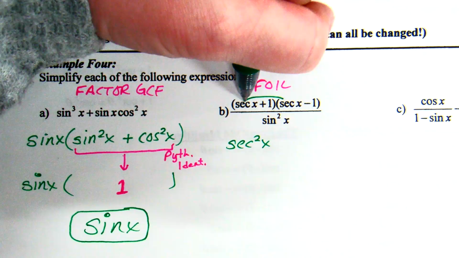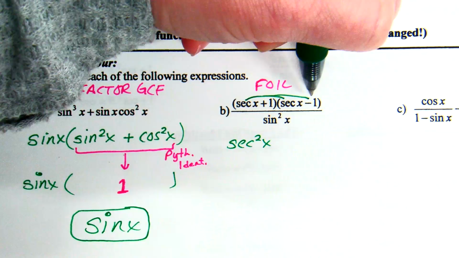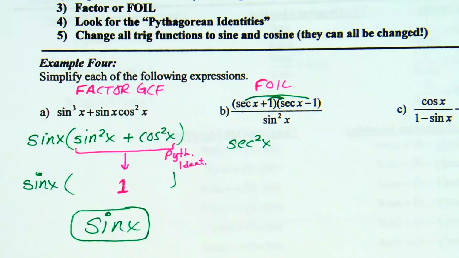Secant x times minus 1, minus secant x. Secant x times positive 1, plus secant x. Because what's going to happen here?